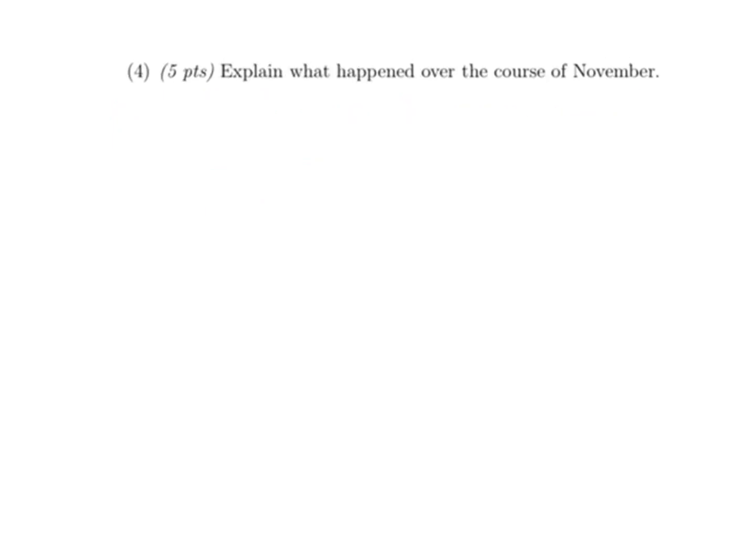Okay, so for question 4, again, you're going to need the answer from part 1A, because what you did for number 1A was you calculated the difference between the offset and the purchase back.